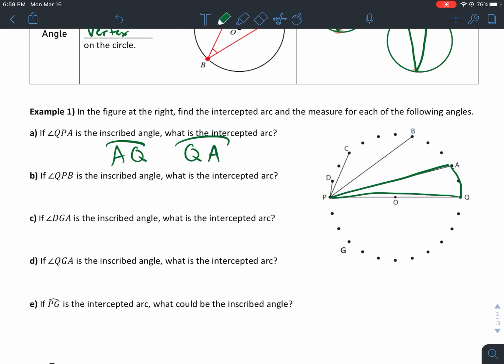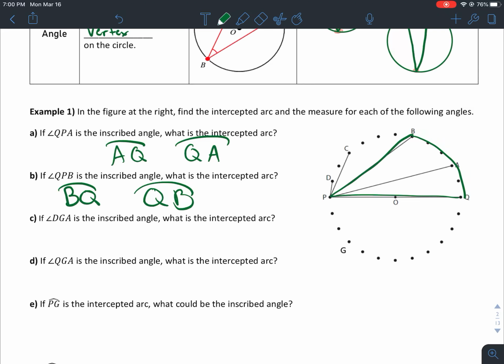Same thing. Next, it says if QPB is the inscribed angle, what is the intercepted arc? So we have Q, P, B. That's our angle, so our arc is going to be BQ or QB.